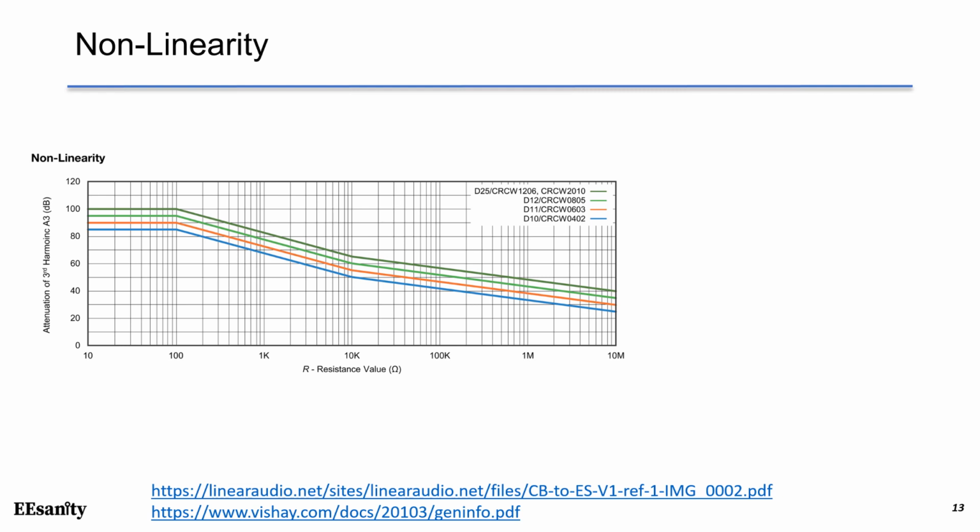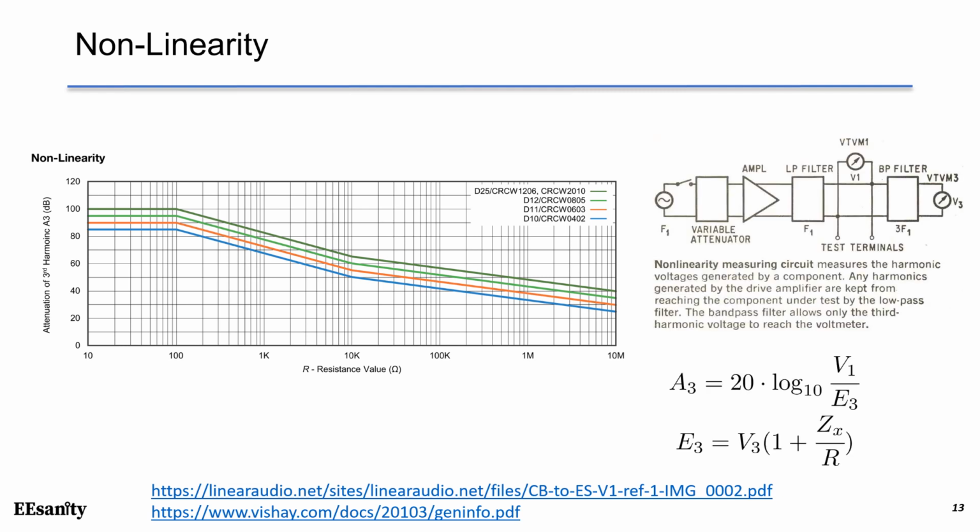Non-linearity. This graph shows the non-linearity of the resistor in terms of the attenuation of third harmonics parameter A3 versus the resistance value R. If the resistance contains a nonlinear element, Ohm's law is no longer valid. This is a block diagram of a basic experimental setup to measure the nonlinearity of resistor.